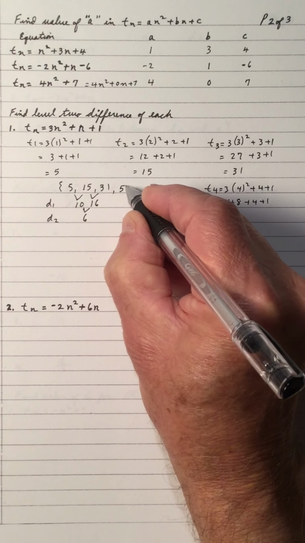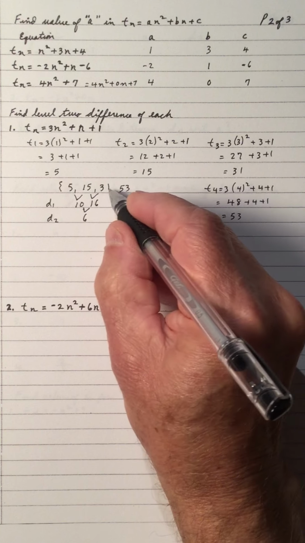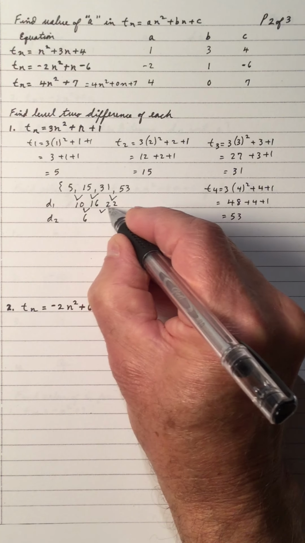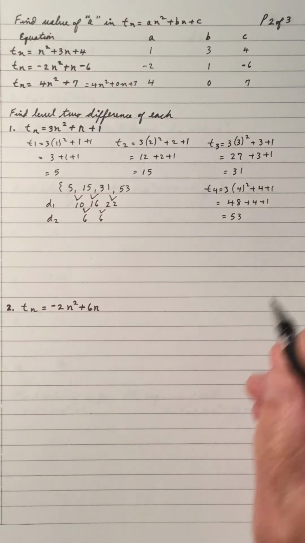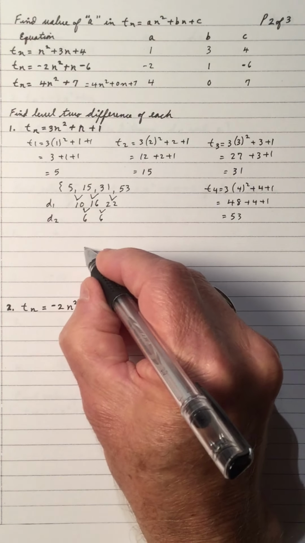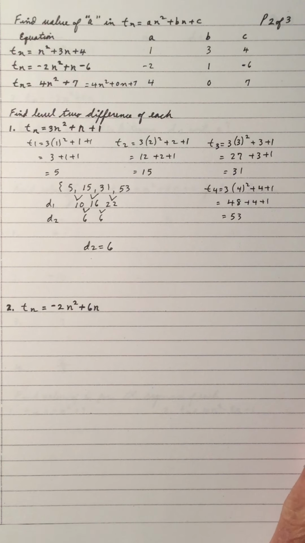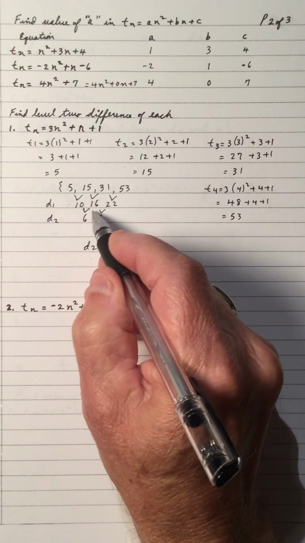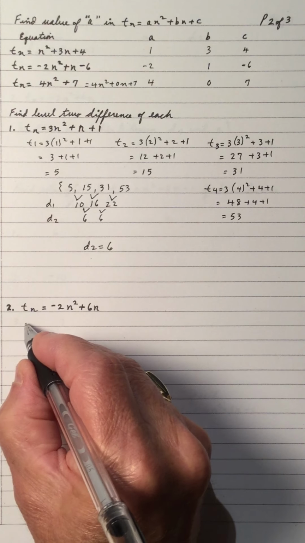So I put a 53 here, and this level difference is 53 minus 31 is 22. 22 minus 16 is 6, so this D2 is equal to 6. So we really only need to find the 3 terms, and we're only checking by finding the 4th.